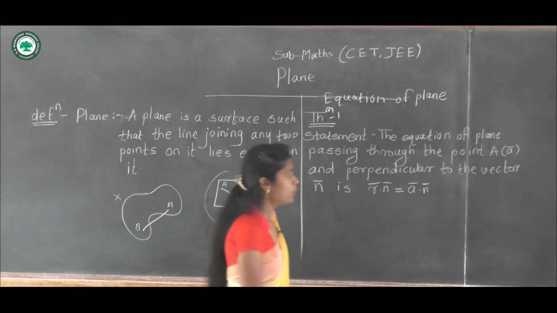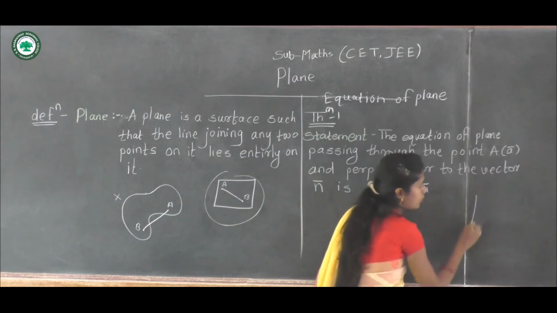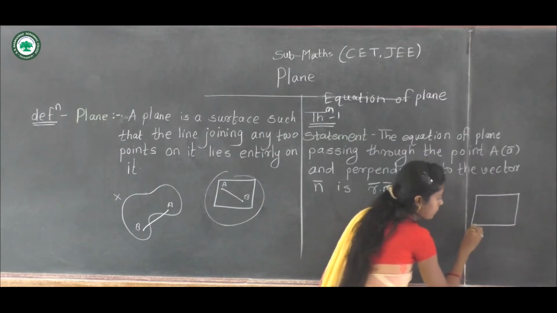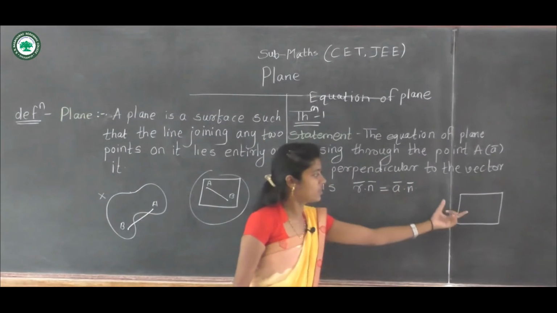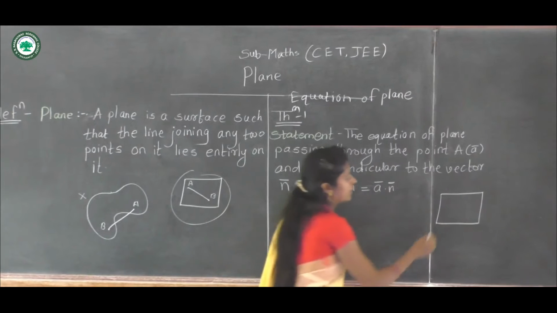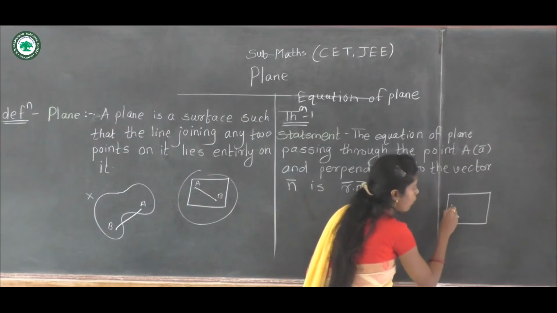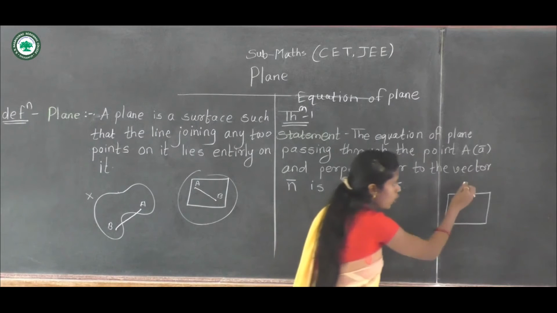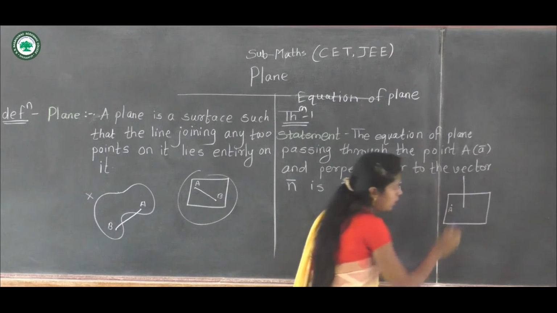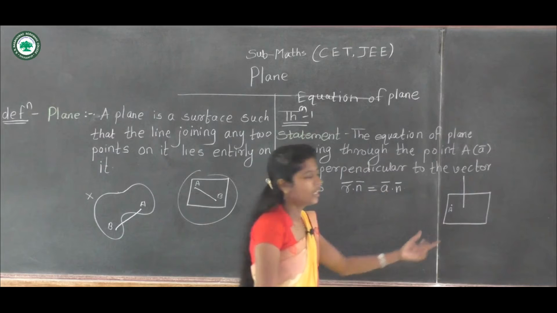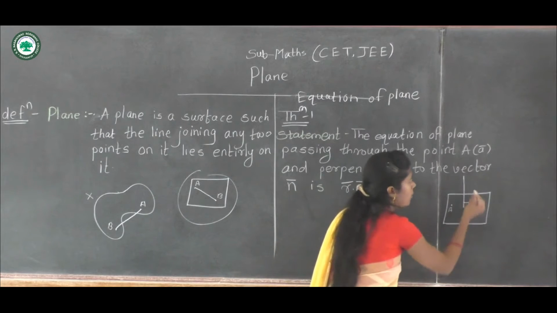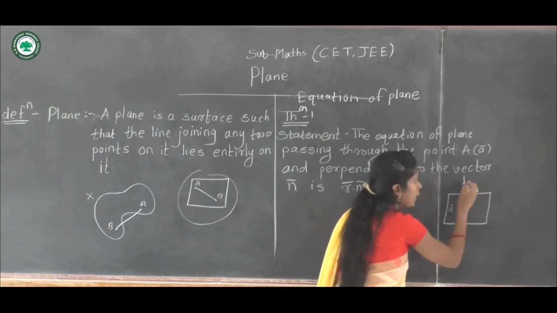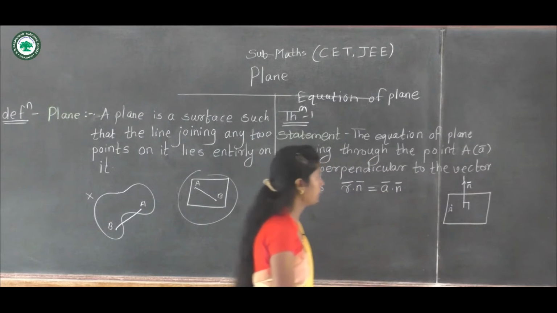Suppose we draw the diagram. This is a plane or surface, and on this plane take one point A. Then draw the perpendicular on this surface. It is called the normal and it is denoted by n bar.